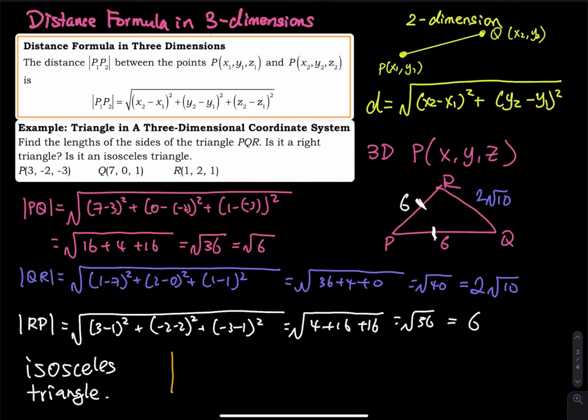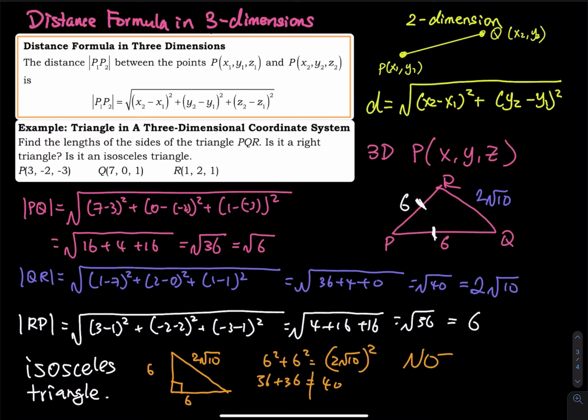So we draw a right triangle, this is 90 degrees, so that will be a 6, this will be a 6, and this will be 2 root 10. So it's 6 squared plus 6 squared equals (2 root 10) squared. I don't think so. 36 plus 36, there is no way that will be 4 times 10, which equals 40. 36 plus 36 won't be equal to 40, so this is not a right triangle.